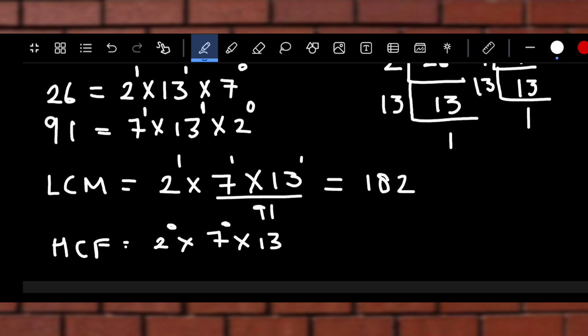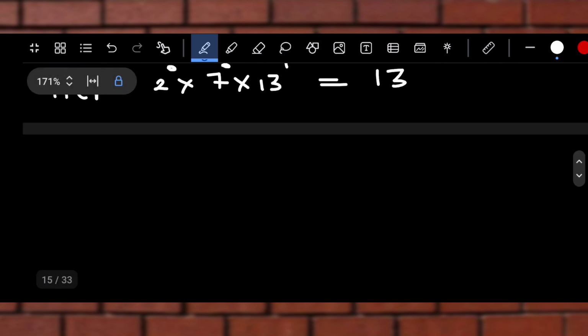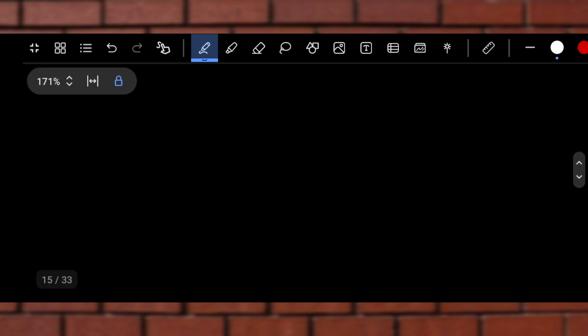The lowest power of 13? 1. So when I multiply, I'll get 13. Here, remember, any number whose power is 0 will have the value 1. Okay, simple.